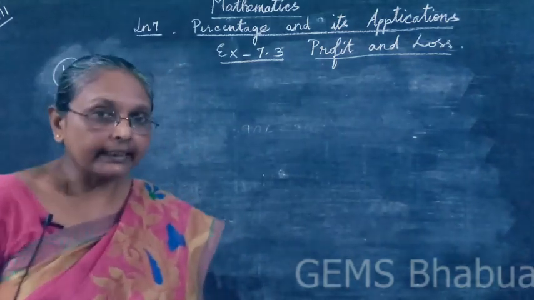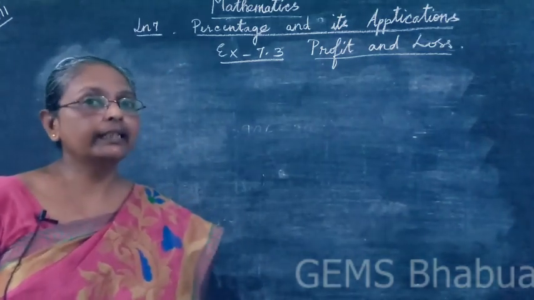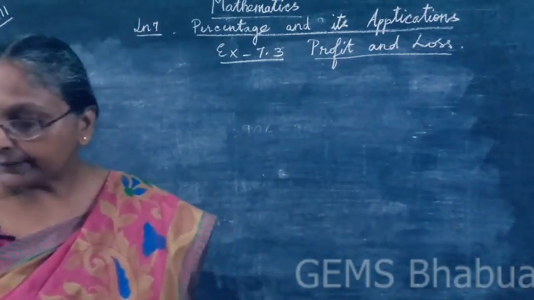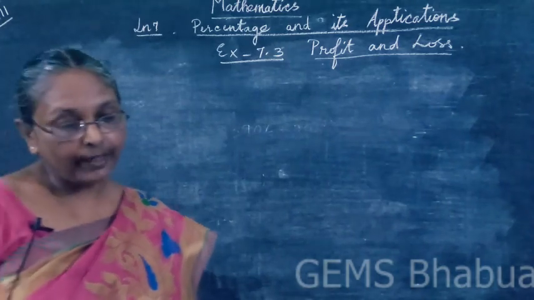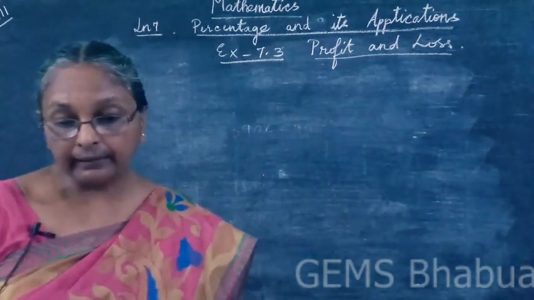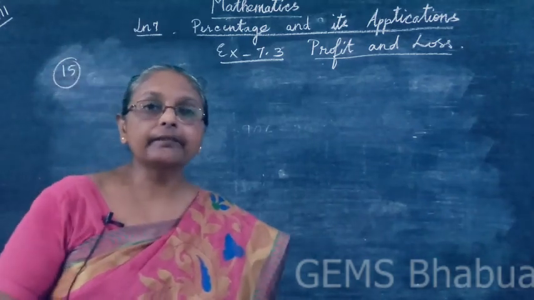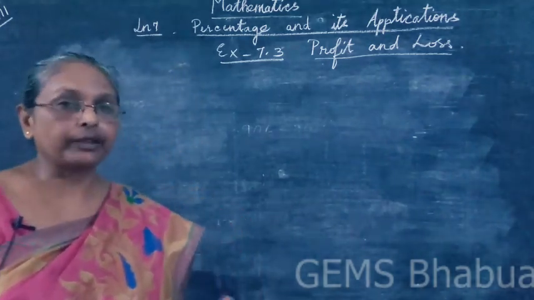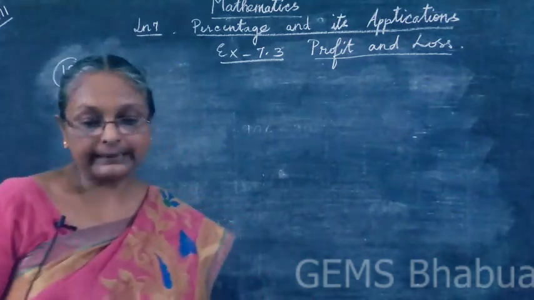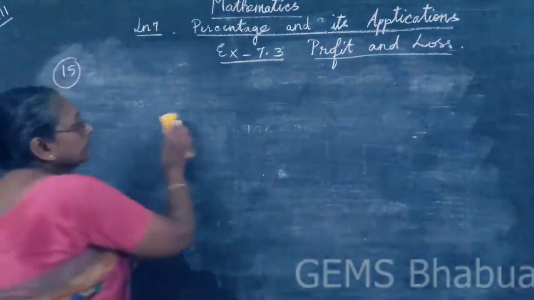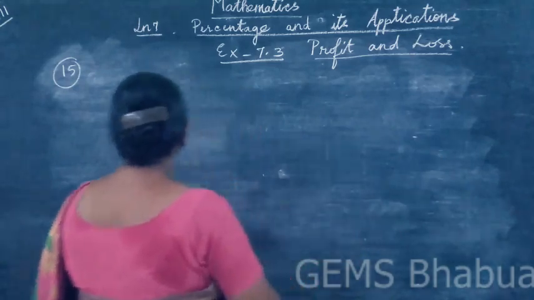And there is another case. The same article he is selling for a different price. So in this way, how to find out the final gain or loss percentage? So we will deal with it in two different ways. First we will take up the first case, and then we will go to the second case. We will go in 2 steps.